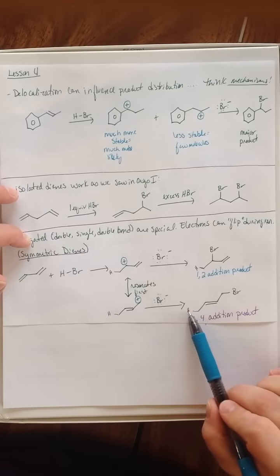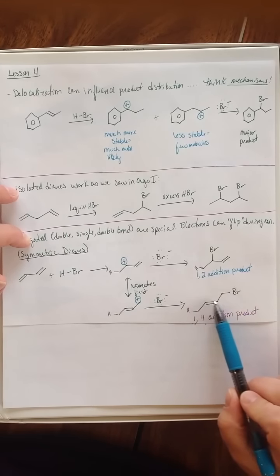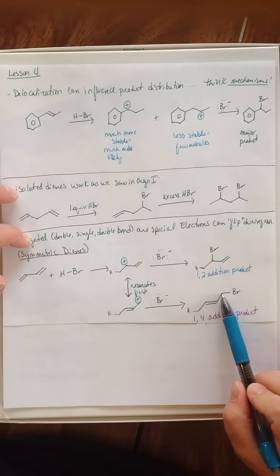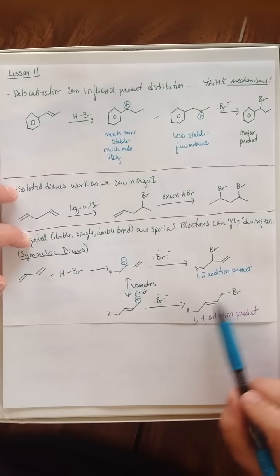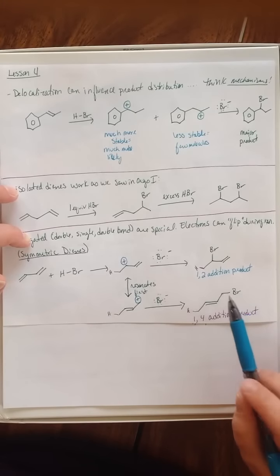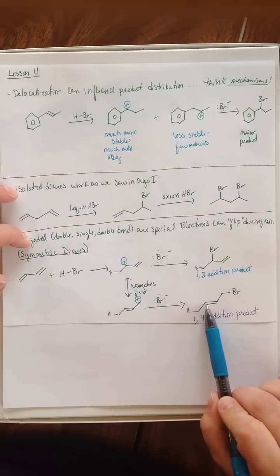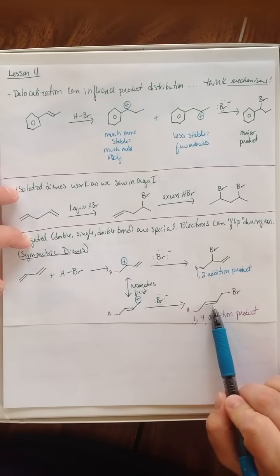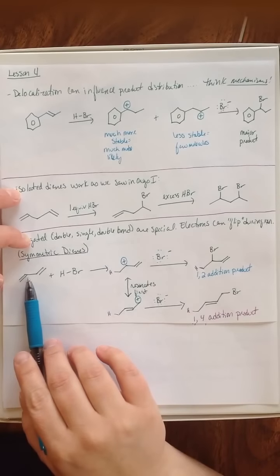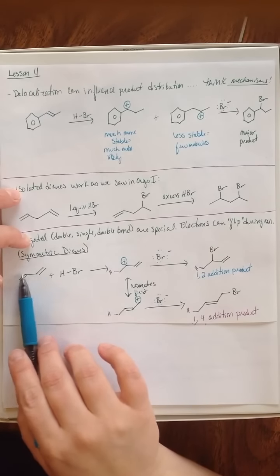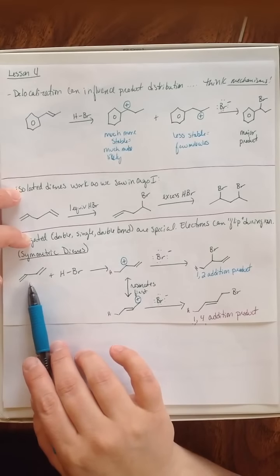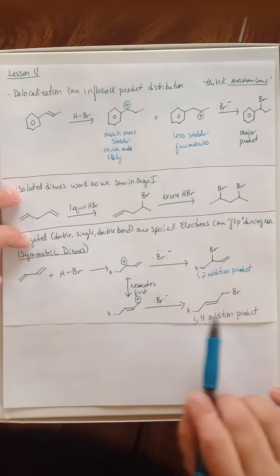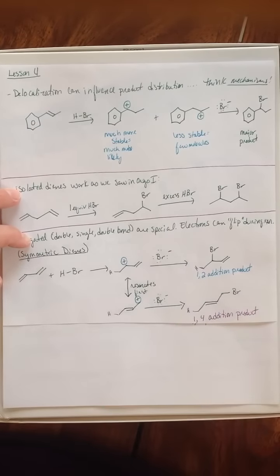That would be 1, 2, 3, 4 carbons apart where the hydrogen and the bromine are attached. So that's a 1,4 addition product. Note that this double bond right here is actually in a different location than where we started. It's actually in between where the double bonds were in the beginning of the reaction. And so you definitely know that something's happening in that particular case.